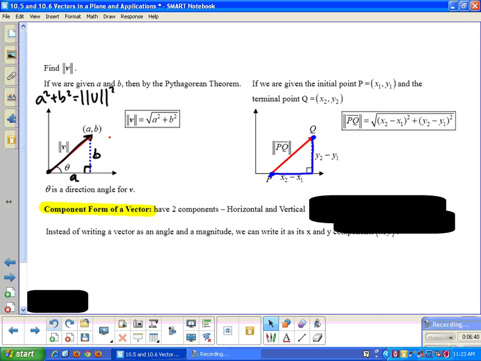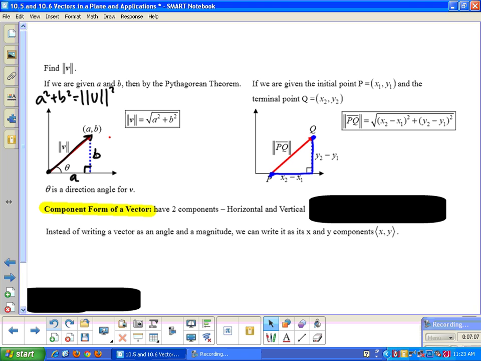When you do that, that allows you to find the length of your vector using the same thing we used in the first one, which was the Pythagorean theorem. So the square root of (x2 minus x1) squared plus (y2 minus y1) squared gives us the length of our vector PQ.